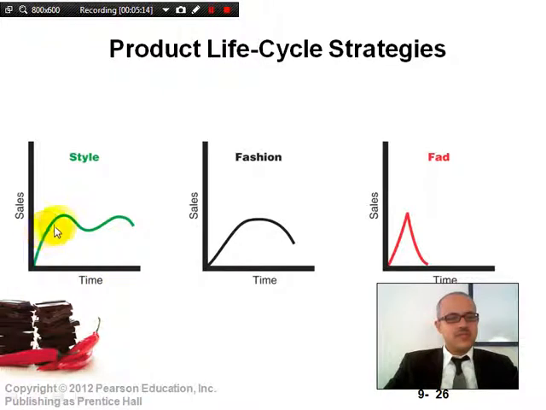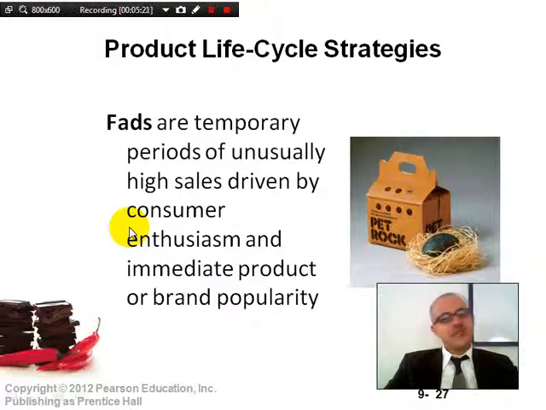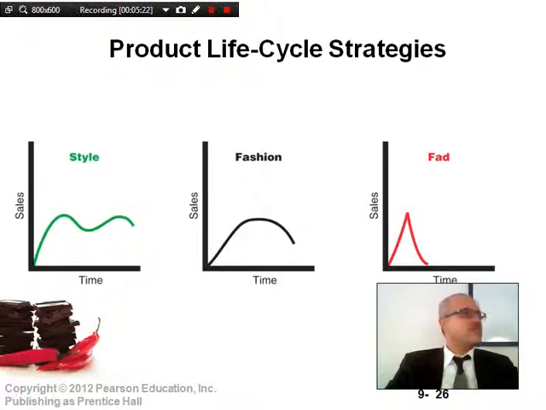Some products' life cycle will be more like a style, so it will go up and then go down, then go back again. So it's more like a style that goes over time. Can you think of a product that is more stylish? It comes back, and then no one buys it, and then now everyone buys it again. Sometimes some clothes brands become very fashionable.